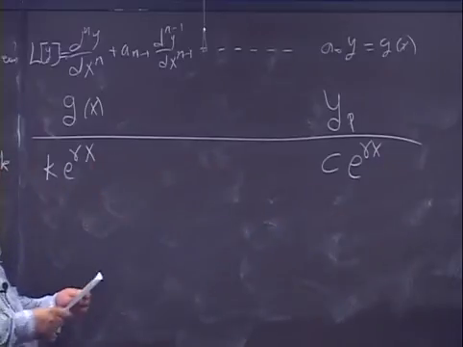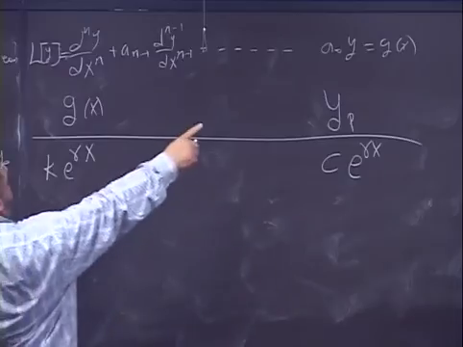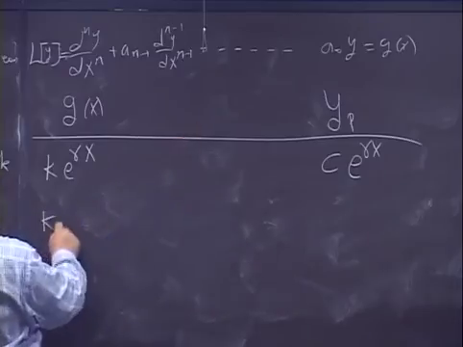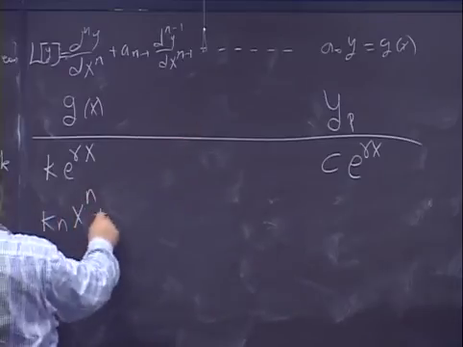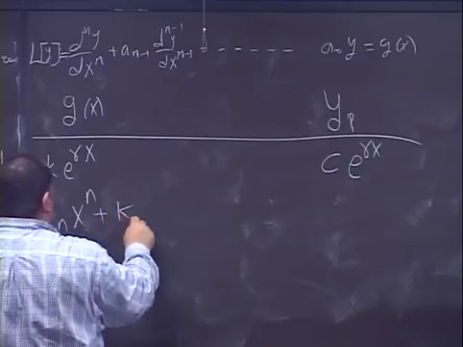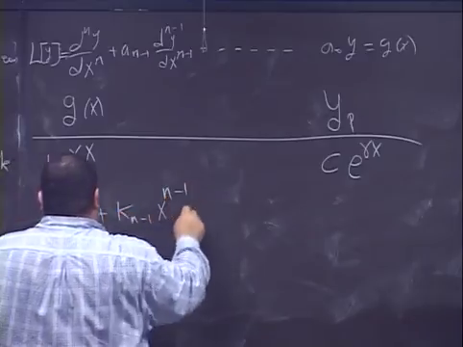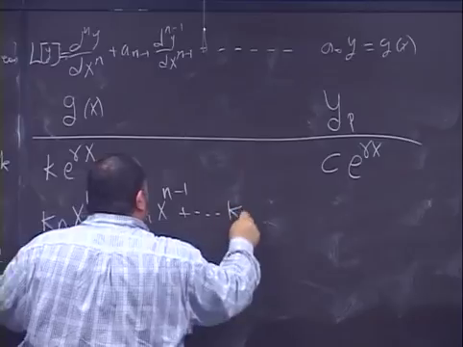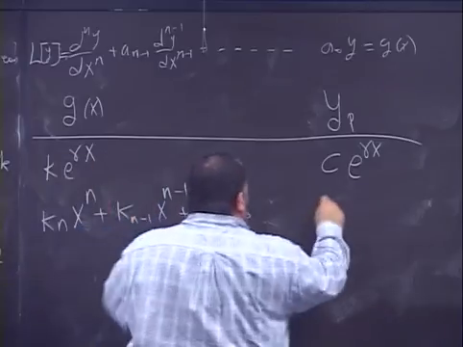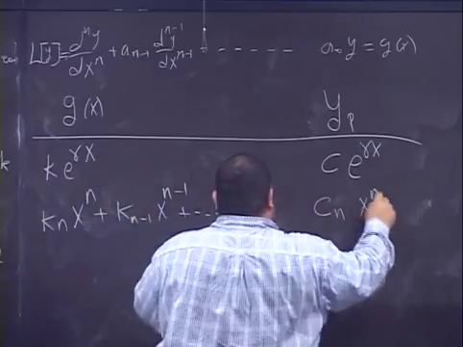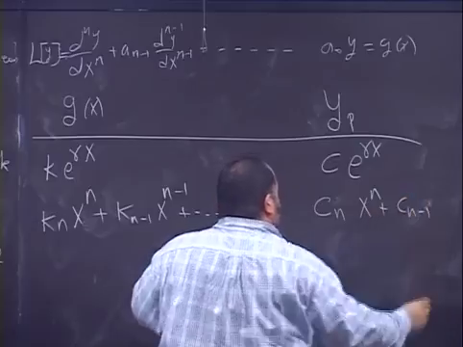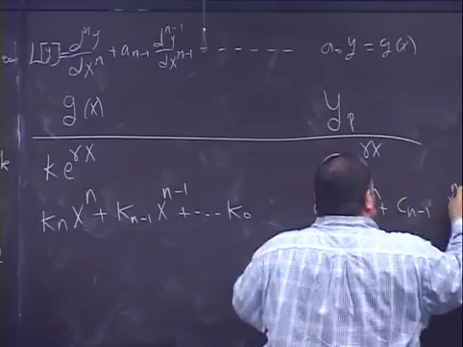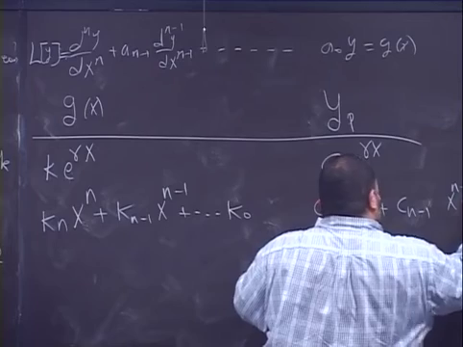Okay, guys. If our function g of x is just k_n x to the power of n plus k_{n-1} x to the power of n minus 1 plus and so on up to k_0, we will again choose this to be c_n x to the power of n plus c_{n-1} x to the power of n minus 1 plus c_0.